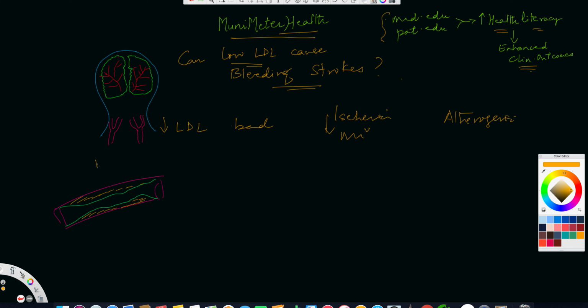Now, the higher the LDL and the lower the HDL, which I always call the healthy particles of the cholesterol, that combination is not good. Whereas the combination with low LDL and higher HDL is better. So the key is that we want that ratio not to be disturbed and to be in our favor.